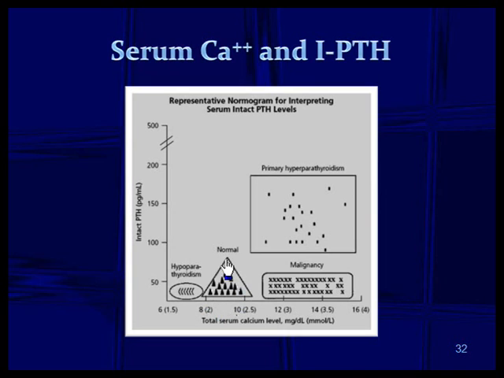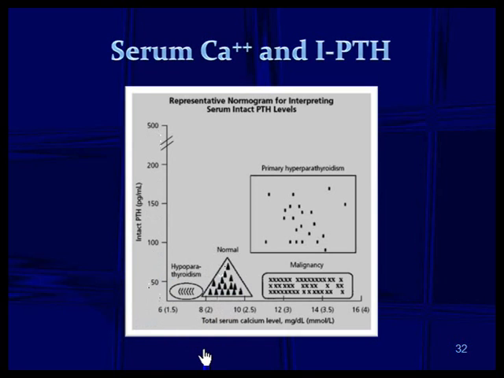The parathormone levels, which are represented on the y-axis, in 50 picograms per ml, 100 picograms, 150, like that, of intact parathormone, and the normal scatter will fall somewhere here. Serum calcium will be between 8.5 to 10.3, and the parathormone levels will be around 50 to 75 picograms per ml.